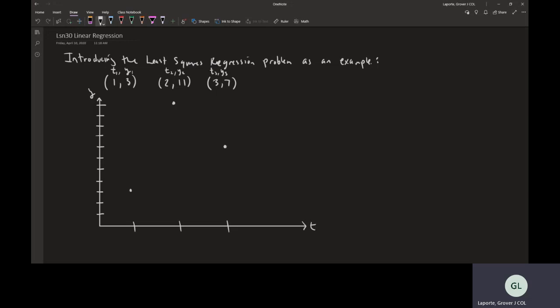Even without being careful about the scaling, we can tell that we have a line that doesn't necessarily go through all 3 of these points. So we know that there is no solution to this.